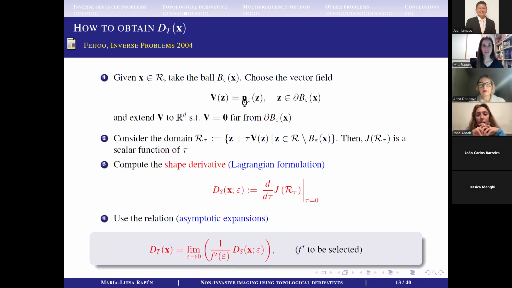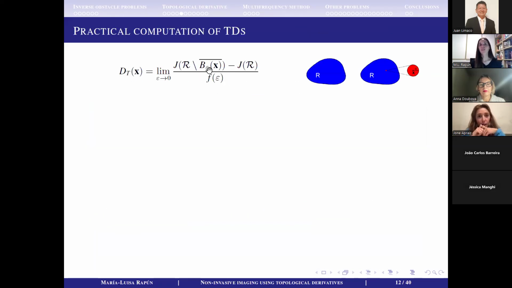If you look at the definition, if you want to implement this on a computer, as I did to show you all my images, this means that for each point you should take a sequence of balls, then evaluate the functional, then compare with the functional without any object, and then compute some limits. So at this point you need to evaluate the cost functional a lot of times. This is not practical. You need something that you can implement on a computer.